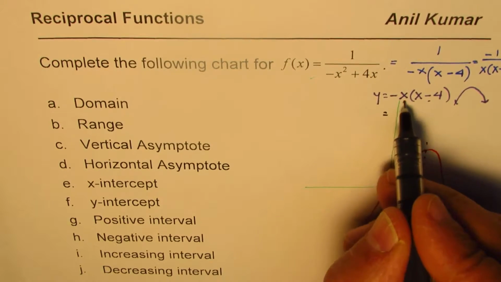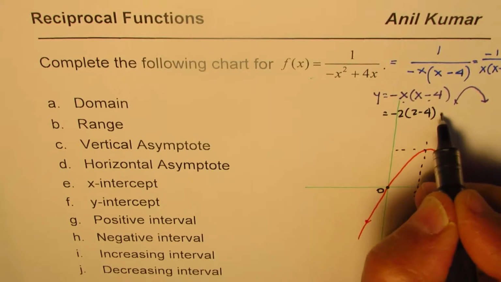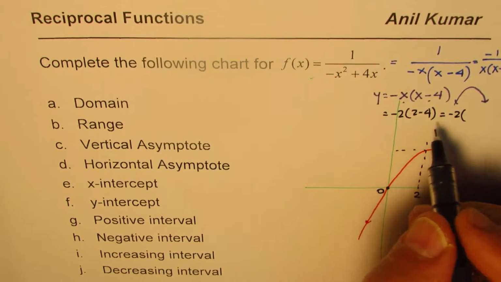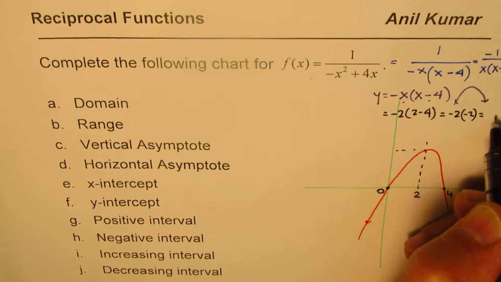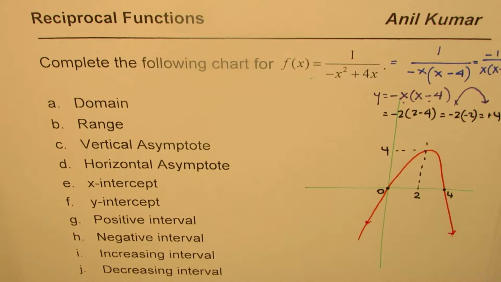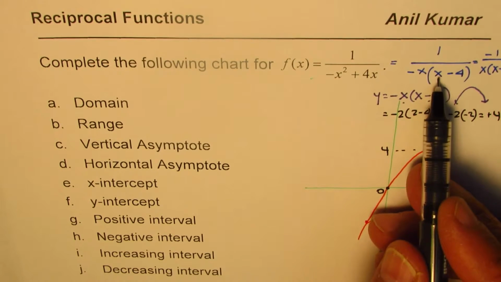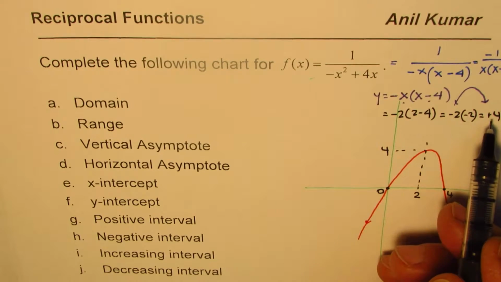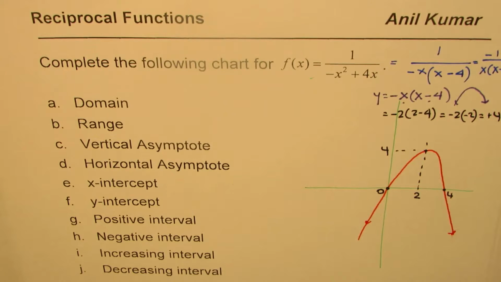If I replace x with 2, I'll get minus 2 times 2 minus 4, which is minus 2 times minus 2, and that gives you plus 4 as your answer. So this value is 4 for us. Okay. So if I write 2 here, then I get plus 4 as the vertex, right? Imagine this is the vertex. Okay. Now let's answer all the questions.